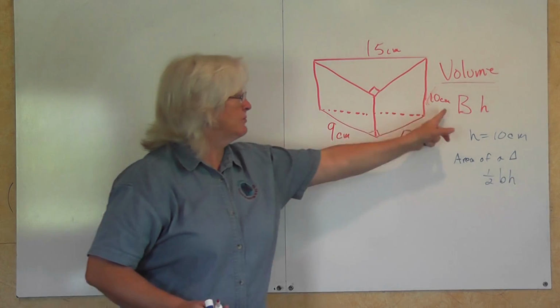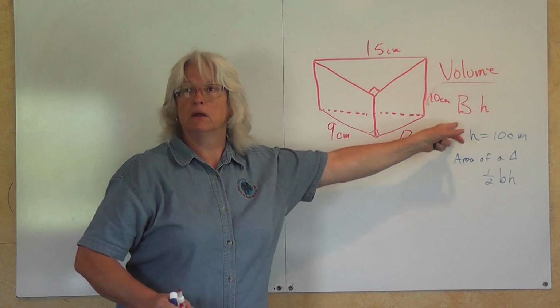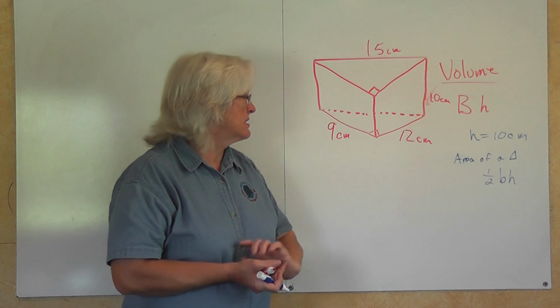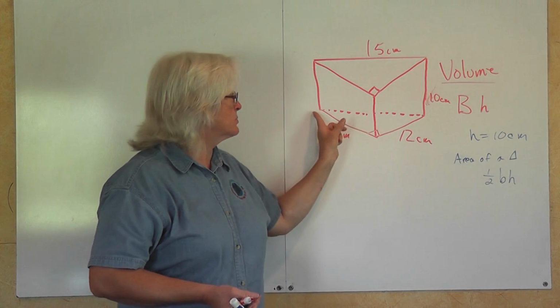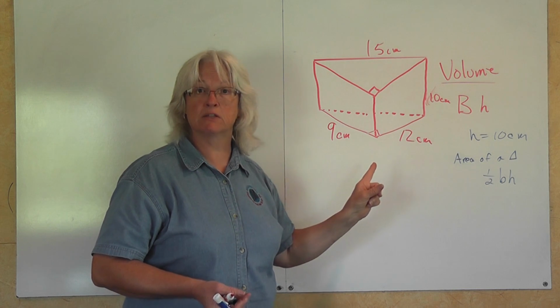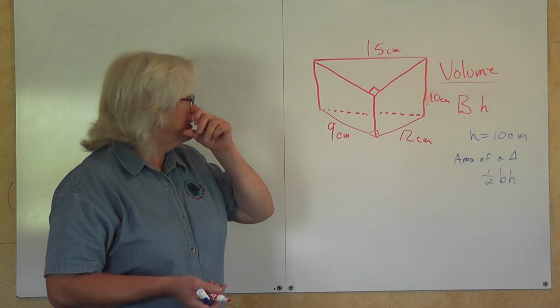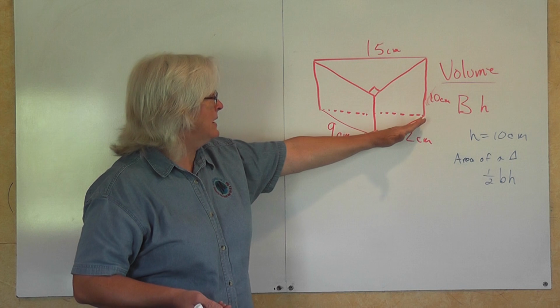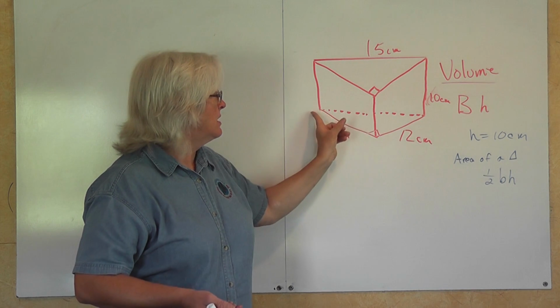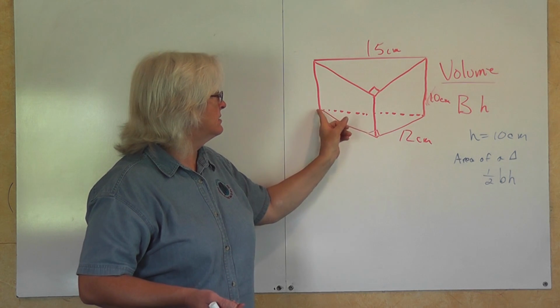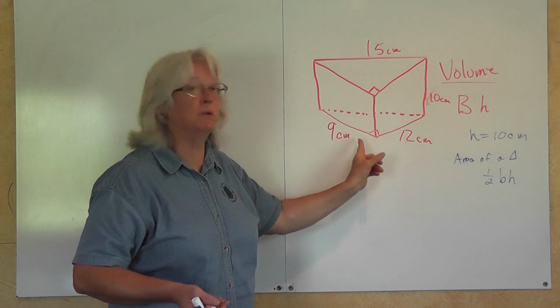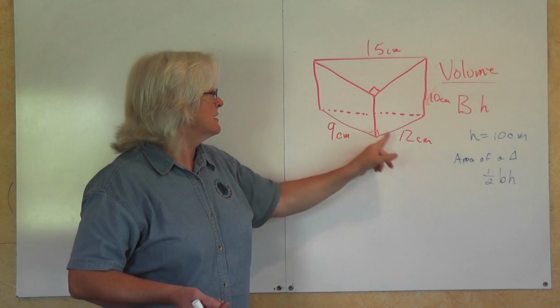Now notice we have 2 different bases. This capital B, that's the area of the base. This little b here is whichever leg of the triangle we're saying is the base. Now you have to remember that the base of a triangle is what it sits on. The height is the height that is going perpendicular to the base.